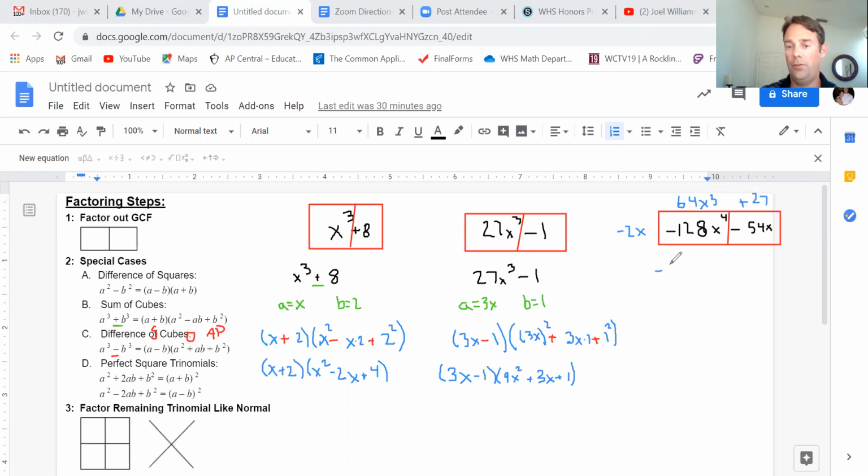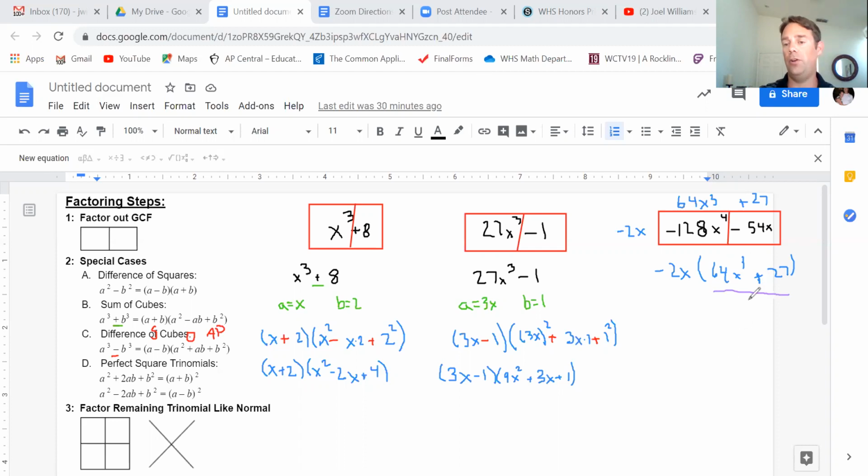So we have -2x, 64x to the third plus 27. And we're only going to do now whatever was left over in the parentheses. So I'm going to ignore that 2x, only dealing with this.